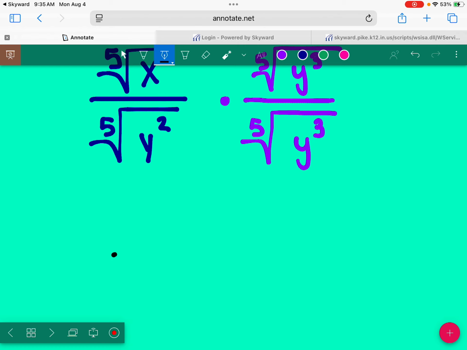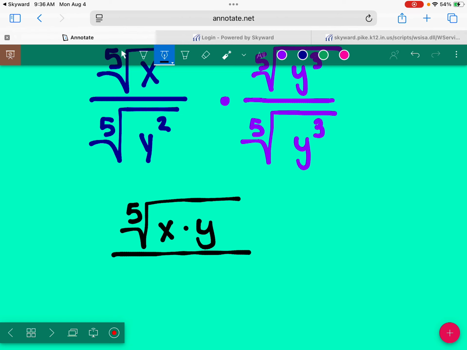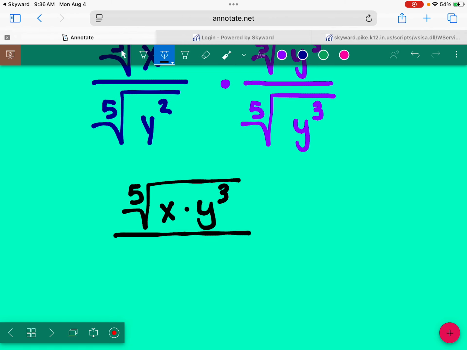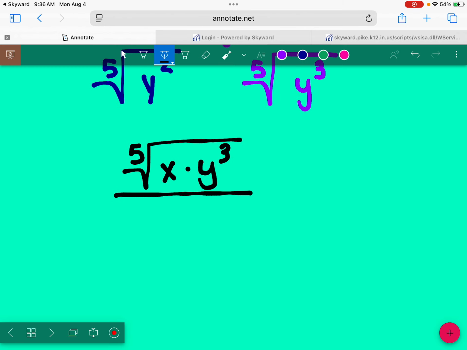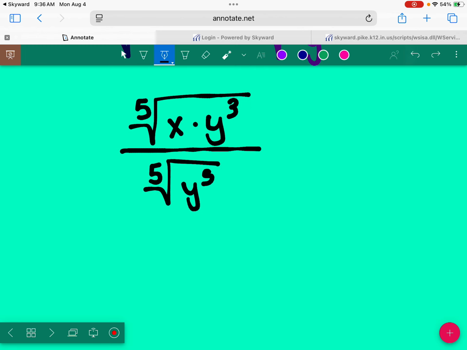So what we're going to have is our fraction. I've got my numerator, which has my fifth root of x. And since they had that same index, I can multiply them together. X times y cubed. What's my denominator going to be? It's just going to be a y. And if you need to do that in 2 steps, that's totally valid. So if we write this as fifth root of y to the fifth and then get to our final answer, that is 100% valid.